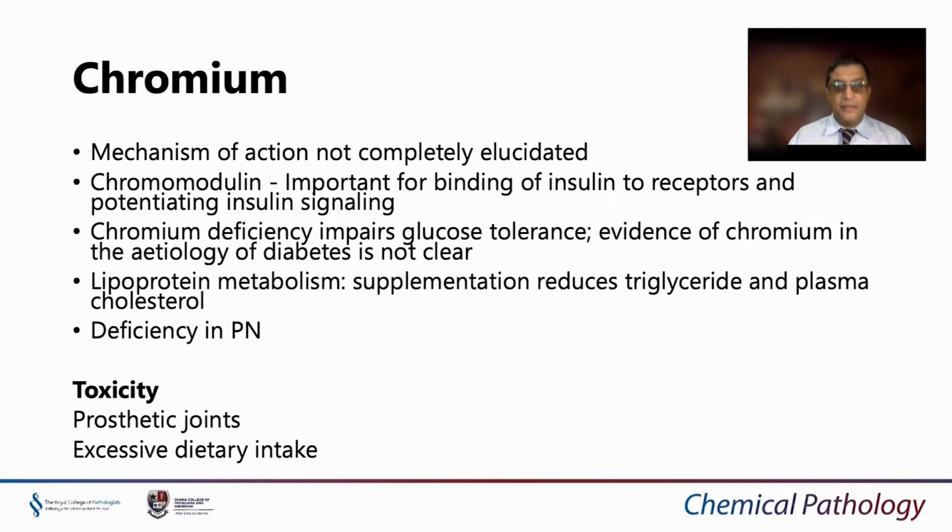Lipoprotein metabolism is also affected, and supplementation with chromium reduces triglyceride and cholesterol levels. Chromium deficiency is also noted in parenteral nutrition. In contrast, toxicity states may result during use of prosthetic joints and excessive dietary intake.